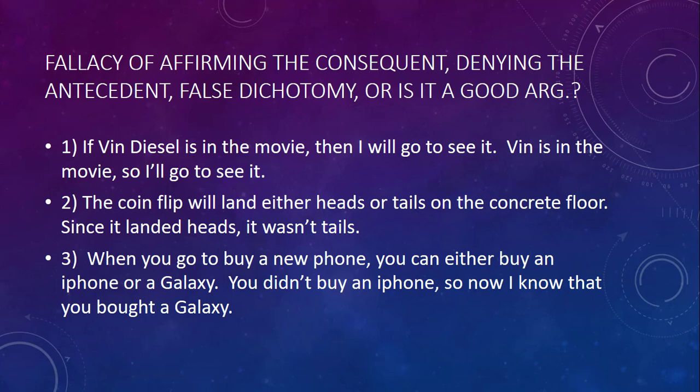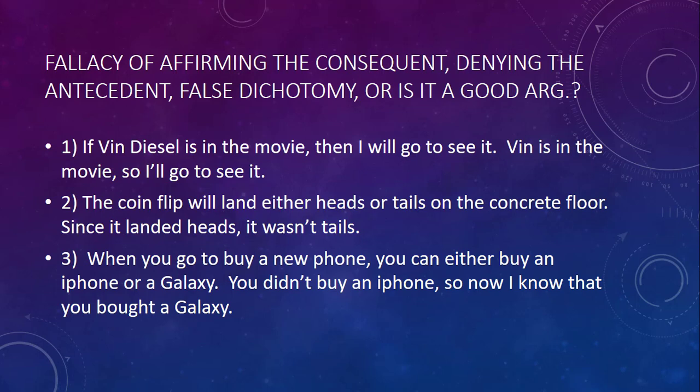Second, the coin flip will land either heads or tails on the concrete floor. Since it landed heads, it wasn't tails. Okay, so what we have here is an exclusive disjunction, right? The coin flip on a concrete floor, when it lands, it will be either one or the other, not both.